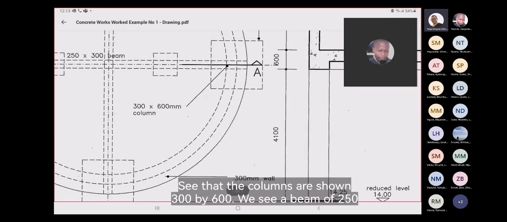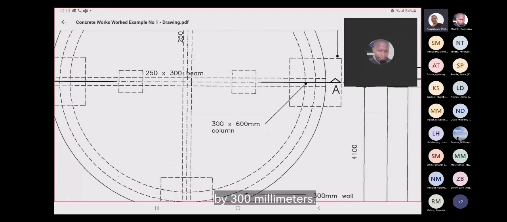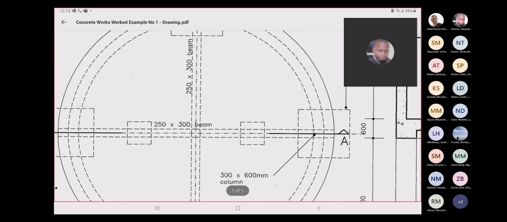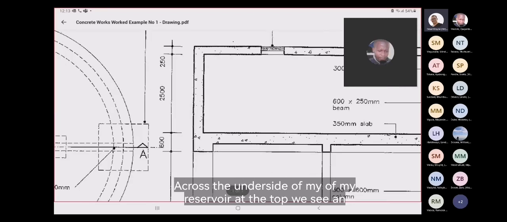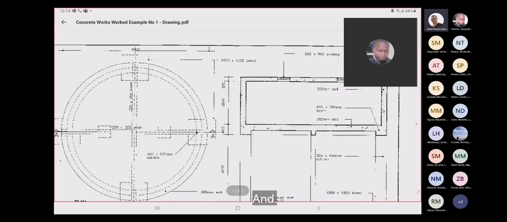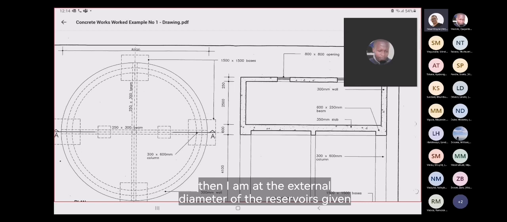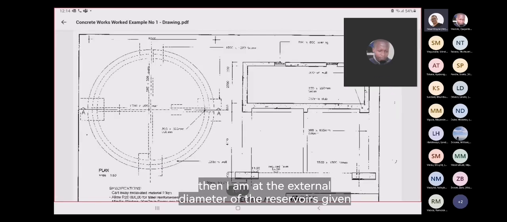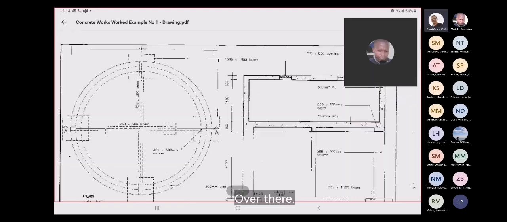We see a beam of 250 by 300 millimeters that runs across the underside of my reservoir. At the top we see an opening of 800 by 800, and the slab thickness of my reservoir is 250 millimeter thick. The external diameter of the reservoir is given as 8 meter 100, as illustrated over there.